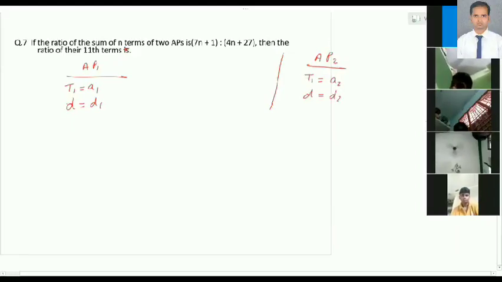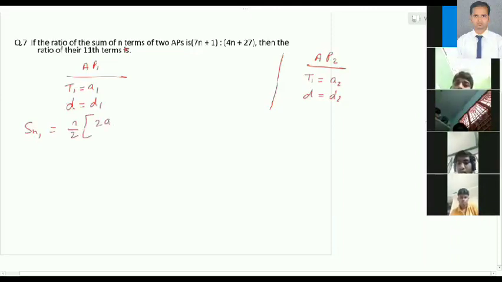Now we'll try to find. In the first case, what will be SN1, the sum of n terms of the first AP? n by 2 bracket 2A1 plus n minus 1 into D1. Is it okay, all of you? Same formula applying, just in place of A I am writing A1 because here the first term is A1.